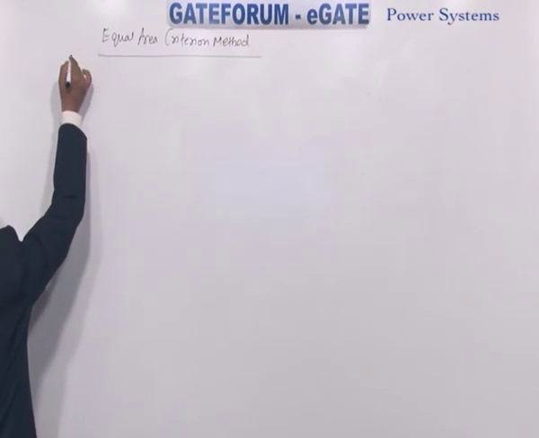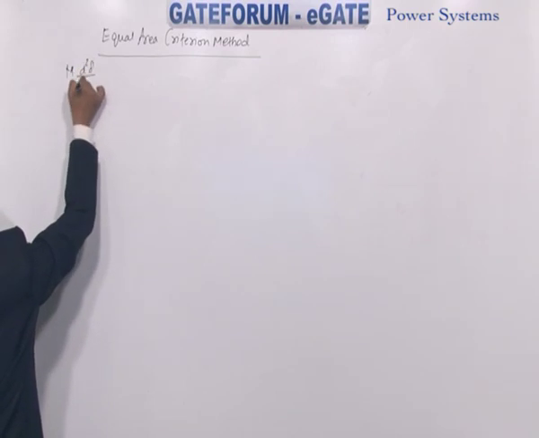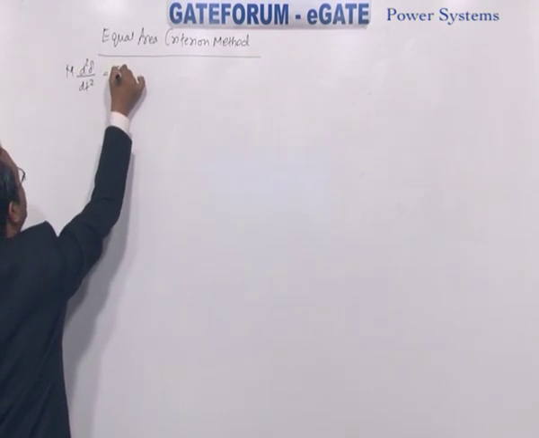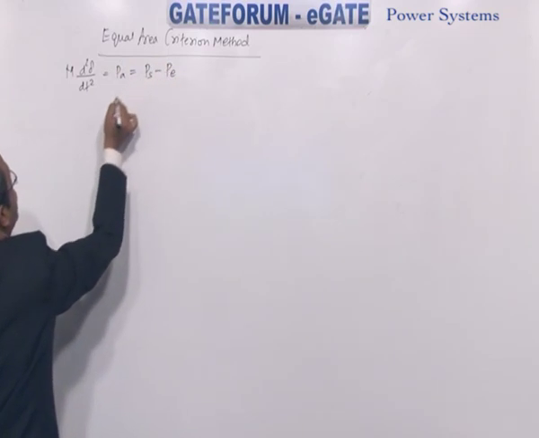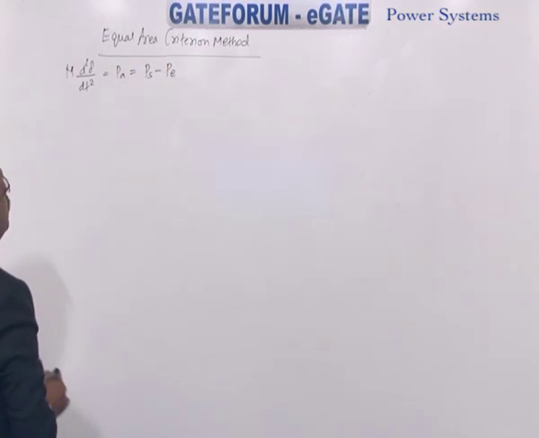Now you consider the swing equation. M d square delta by dt square is Pa. Pa is Ps minus Pe, so mechanical input minus electrical output.